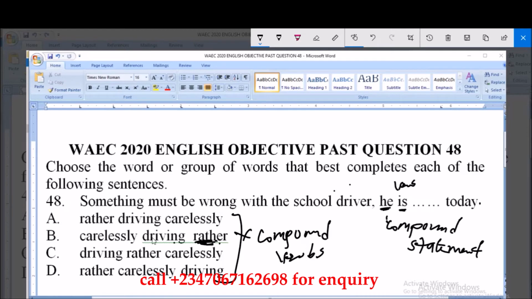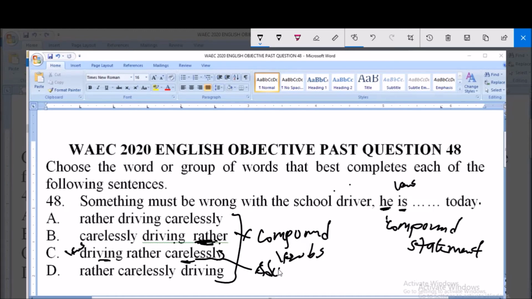Then also in option C we have "driving." Then we cannot have the verb before the adverb that tells us about the verb, because this is the verb, "driving" is an action, then "carelessly" is the adverb.